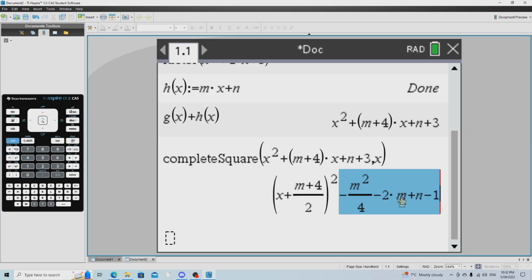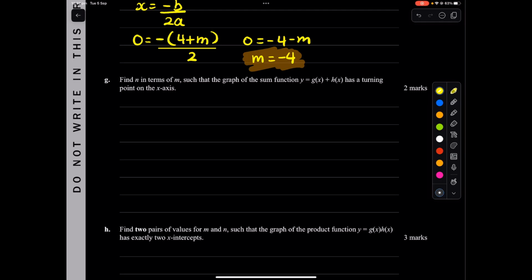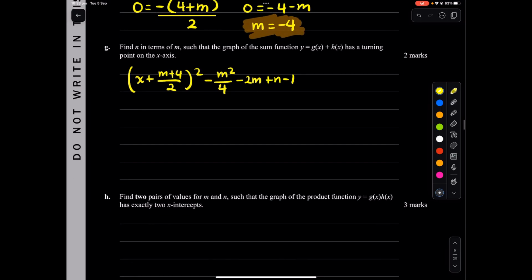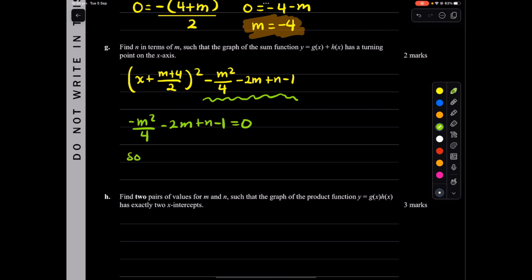So if I write this whole thing down, because it's 2 marks, in turning point form: x plus (m plus 4) over 2, squared, minus m squared over 4 minus 2m plus n minus 1. And we want this part to equal 0, and we want to solve for n.